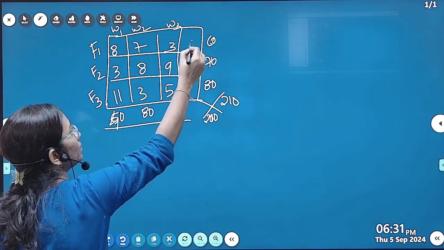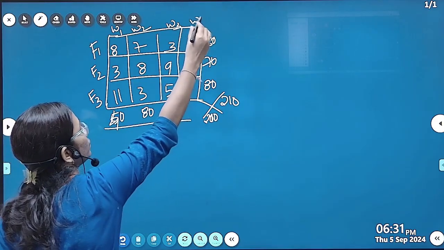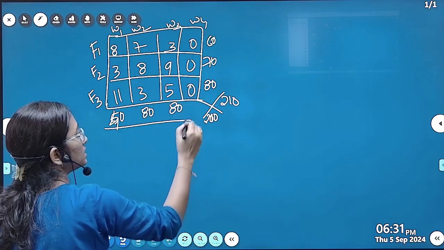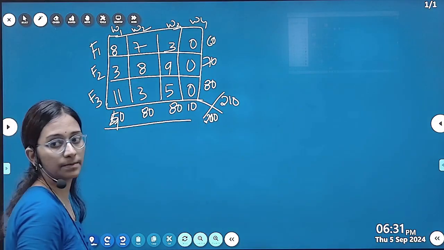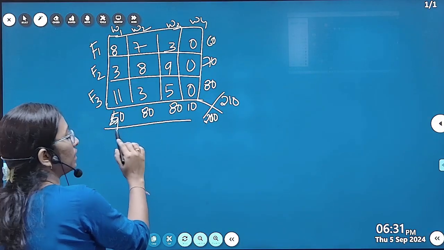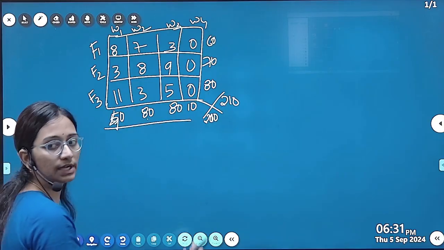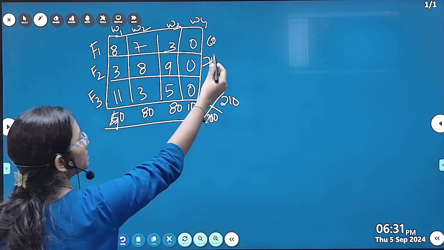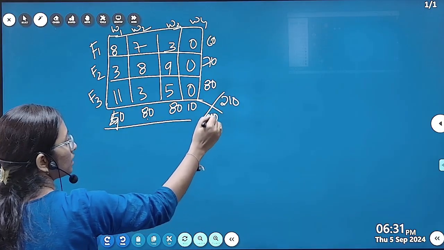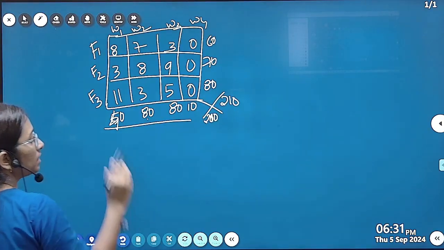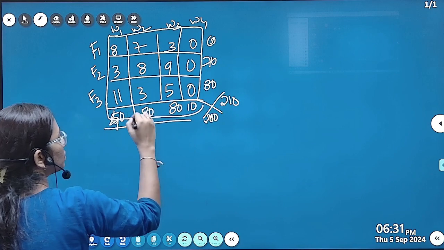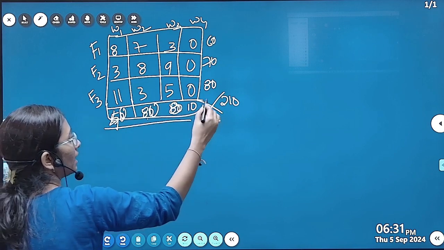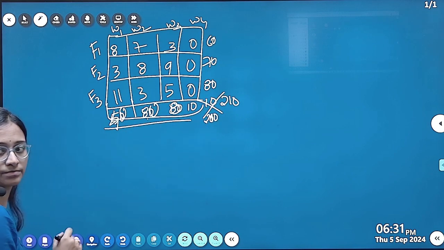So now you need to add a dummy matrix called W4, make those values 0 and here you need to put 10. So now calculate 40 plus 80 plus 80 plus 10, you will get 210. If this is 210 but this is 200, here you need to add zeros, 0, 0, 0 and put the 10 here.